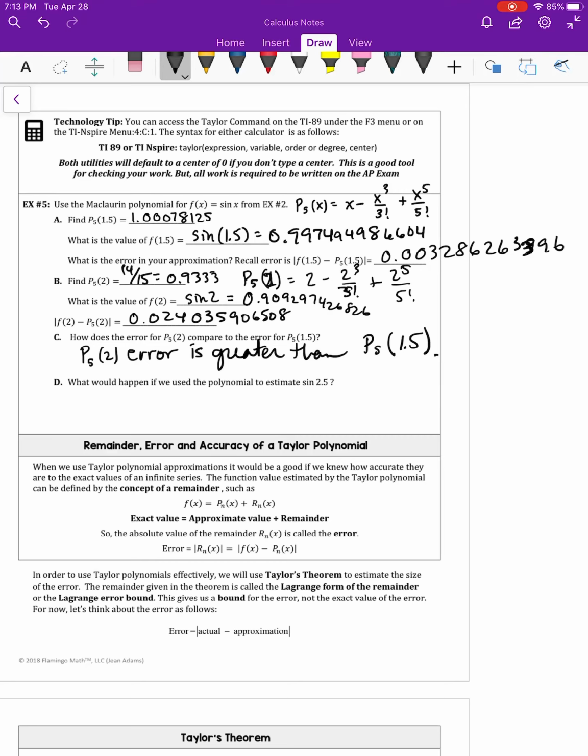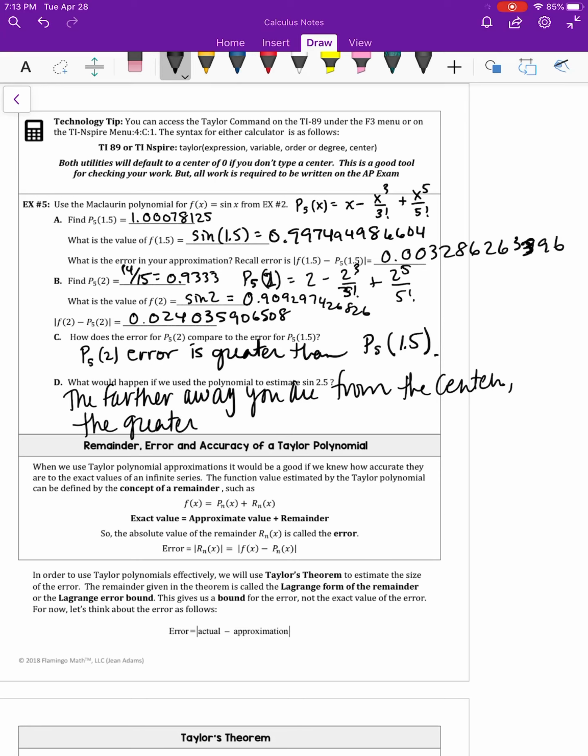What would happen if we use the polynomial to estimate the sine of 2.5? The farther away you are from the center, the greater the error will become.